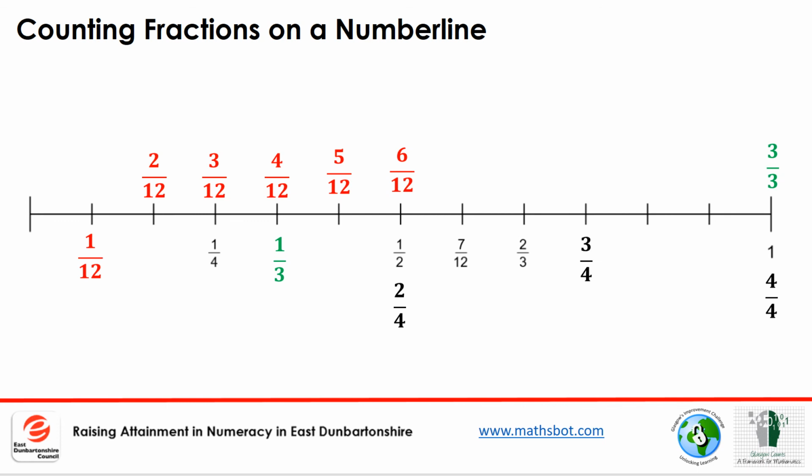If I divide 4 into 12 sections, I'm going to have 3 times as many pieces. And then 6 12s is the same as a half, same as 2 quarters, and the connections between that. Well, 6 is half of 12, 2 is half of 4, 1's half of 2.